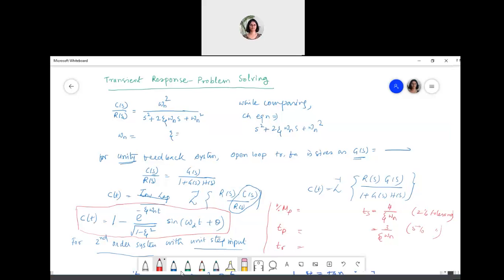When it is not specified, I can use either formula, but we need to specify whether we are doing the calculation for 2% or 5% tolerance. These are the formulas required for solving problems related to transient response.